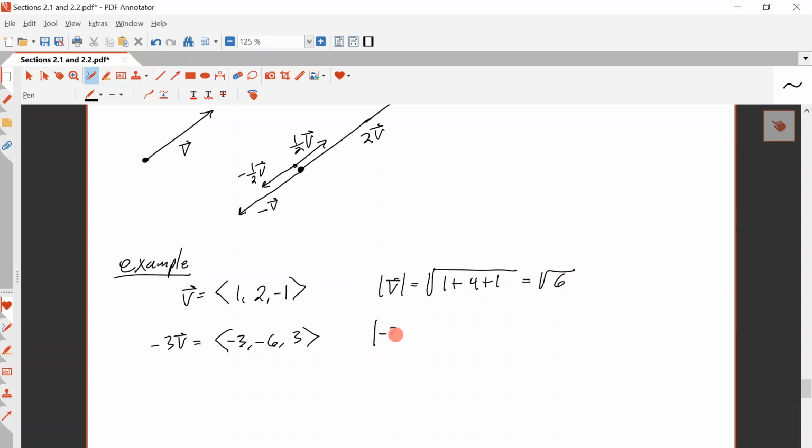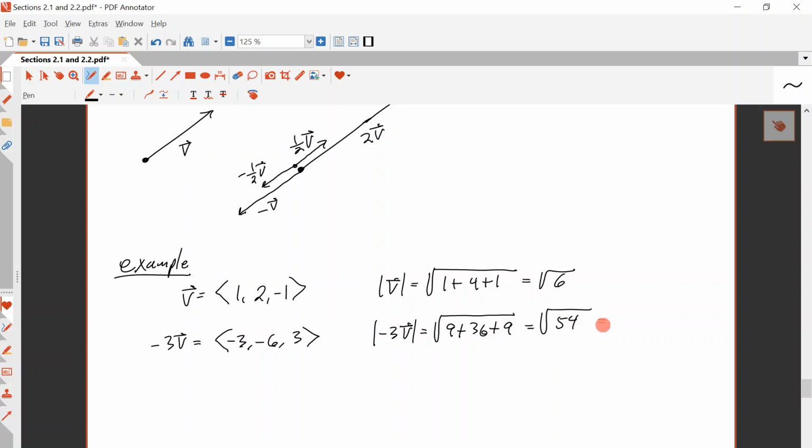And the length of minus 3V is equal to the square root of 9 plus 36 plus 9, which is the square root of 54.